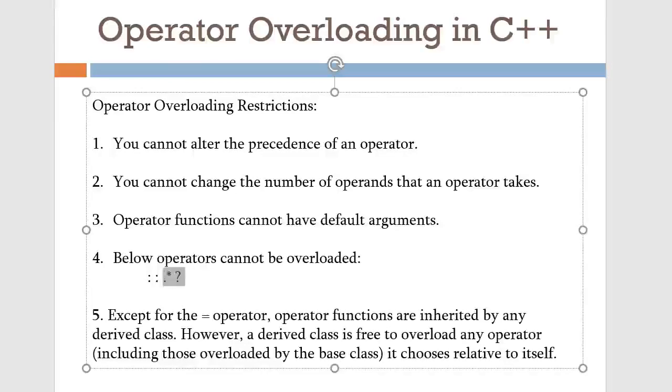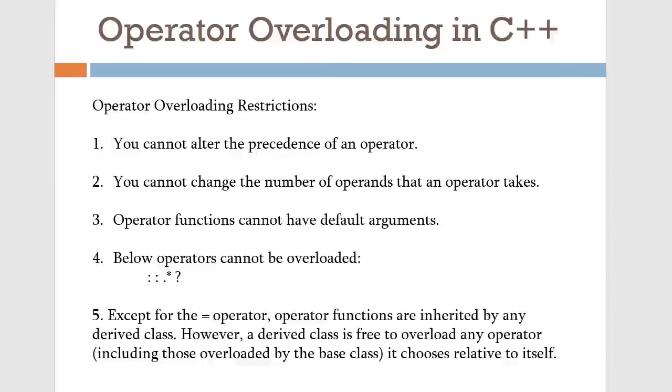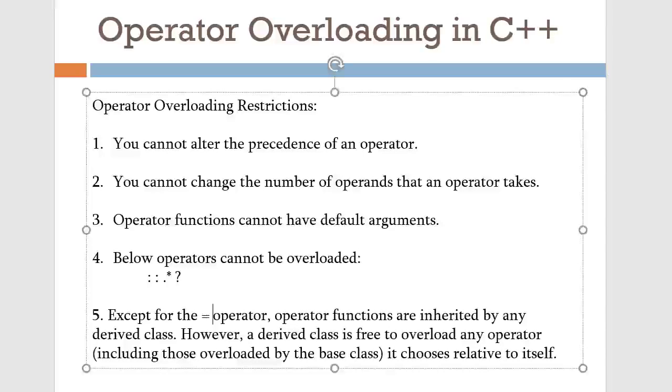And then, these operators cannot be overloaded. These are the operators which cannot be overloaded in C++ programming. Except for the equal to operator, functions are inherited by any derived class. This is useful in case of inheritance. So except this operator, all the other operators are inherited by the derived class.